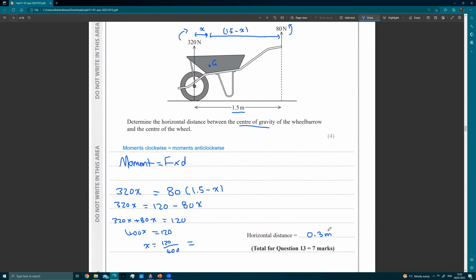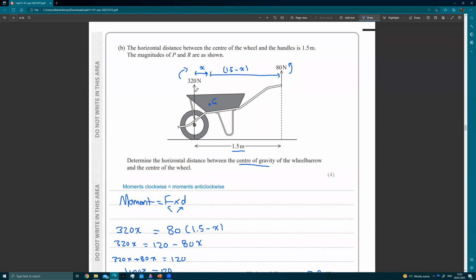Don't forget the units. Yeah, so this is how you always answer every moments question. Key things to consider is your force and distance have to be perpendicular because moment is force times perpendicular distance. In this question, they were perpendicular, as we could see. So there was no extra steps involved.